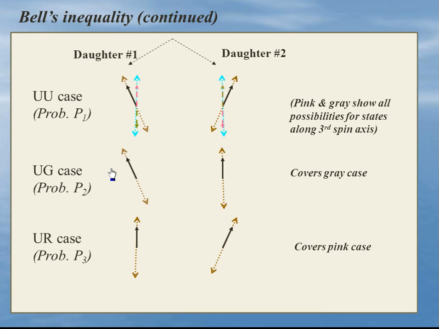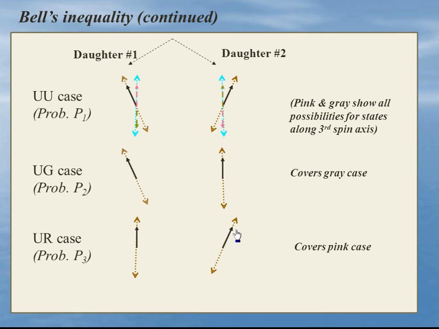Okay. On the other hand, if we had particles that get UU here, and they have the red case in the background, then that would give a positive detection for the UR case. Okay, and why is that? Again, because if we have red detection, then this would be red here, and we're only looking at particles in the UU case, so from this detection, we'd have to have a detection along this direction.